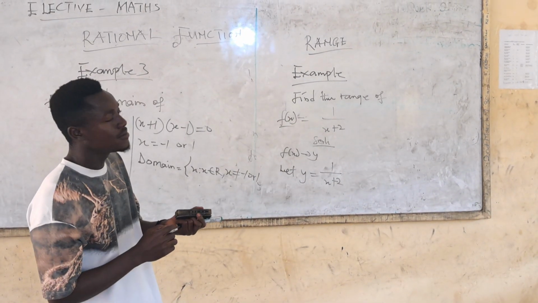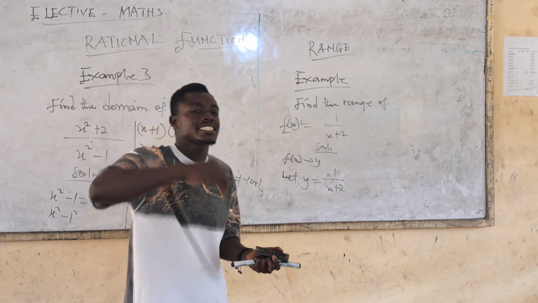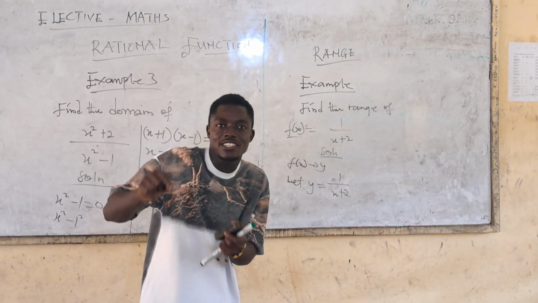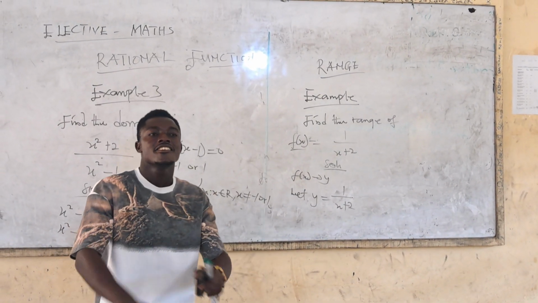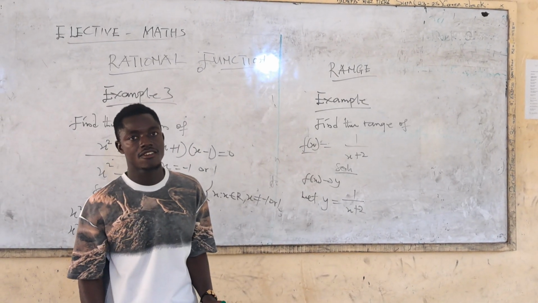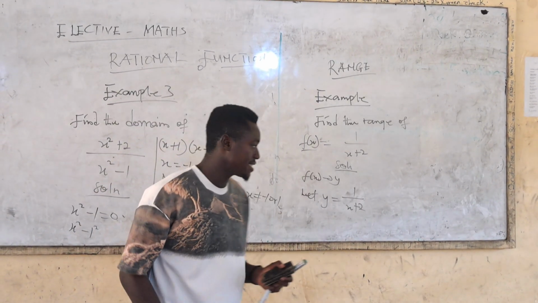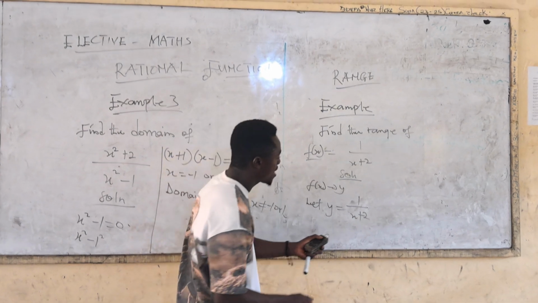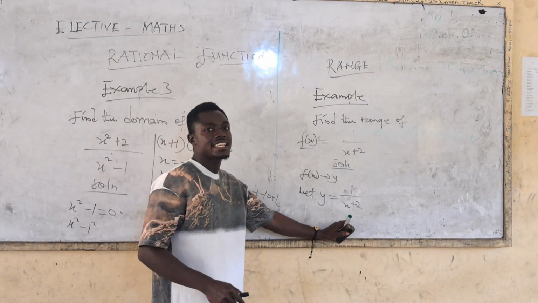Now, our main aim, based on the definition, is a set of all possible values of y which will make x defined, meaning we make x the subject. So from here, our aim is to make x the subject.